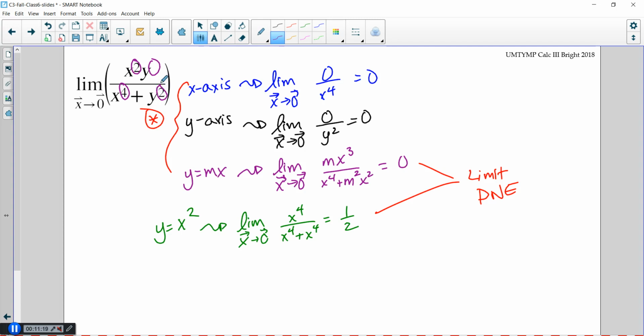Maybe there's some relationship here. I noticed that for this particular path, the reason I chose it was because y has a power of 1 and x has a power of 2, and there's that sort of relationship down here too. So maybe if I look along that path, that'll give me something more interesting.